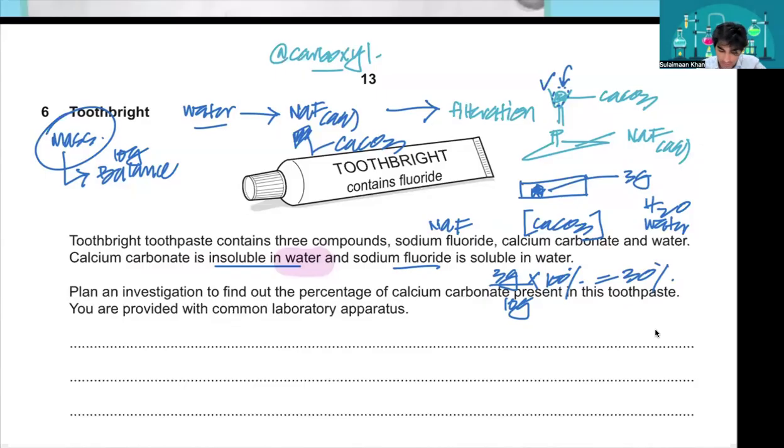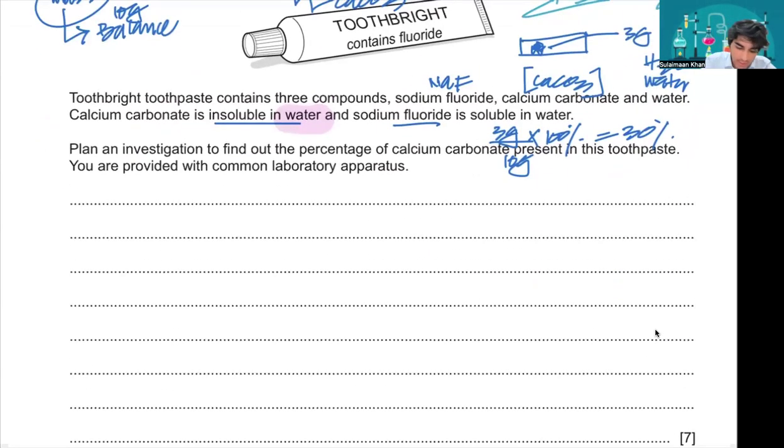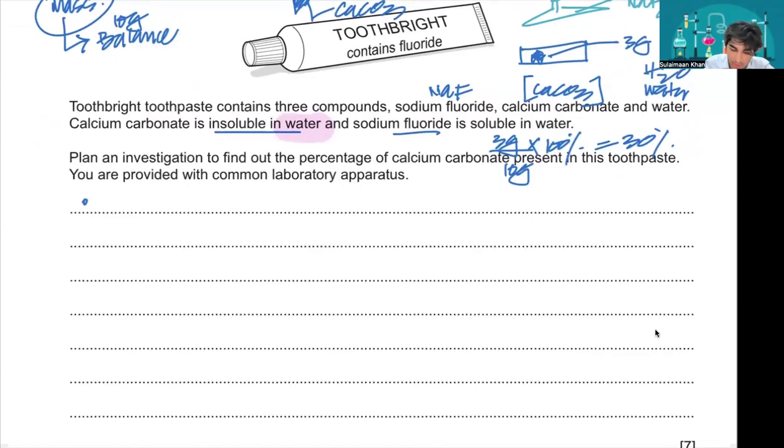Done. So now he's saying plan and investigation. First of all, what am I going to do? I will weigh, let's suppose, 10 grams of toothpaste. But how do I weigh 10 grams of toothpaste? Remember, the examiner always says don't give me apparatus blatantly.